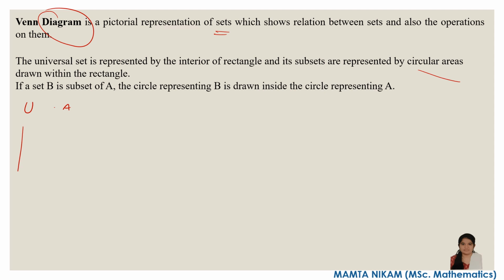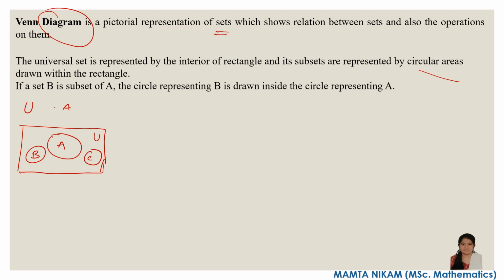The universal set is always represented in a rectangular form, and in this universal set there can be a single set, or n number of sets, say A, B, different sets. So the rectangular part is known as the universal set, and inside it, whatever the circular parts are, they are the subsets of this universal set.